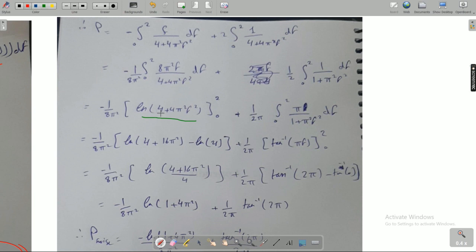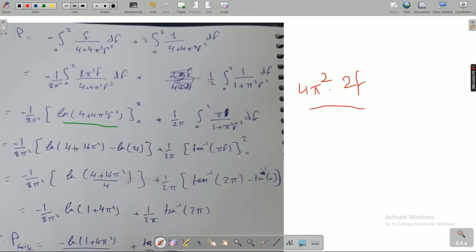So the part inside this function is 4 plus 4 pi squared f squared. Its differentiation is 4 pi squared multiplied by what? By 2f. Divided by what? Divided by the function here itself, which is 4 plus 4 pi squared f squared.